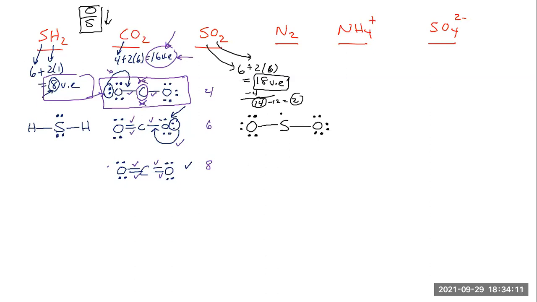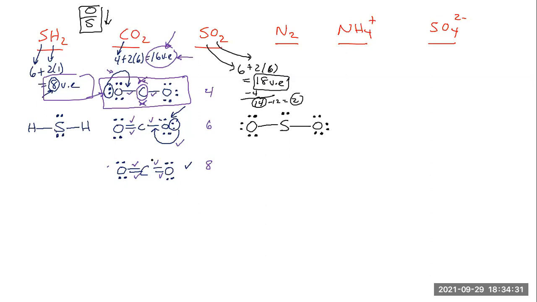Those now go to the center atom, and they are also put on as pairs. So they're put on here as a pair. At this point, we have now placed 2, 4, 6, 8, 10, 12, 14, 16, 18 electrons. We're out of electrons at this point.